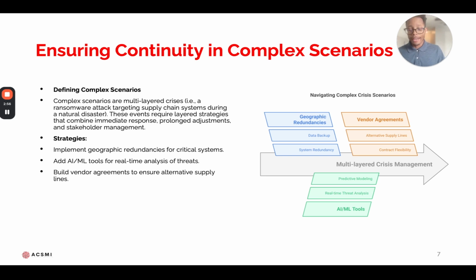So adding advanced techniques like we talked about before, encryption, AI, machine learning, being able to analyze threats in real time and give you real-time alerts, this is what we would need to sustain ourselves.